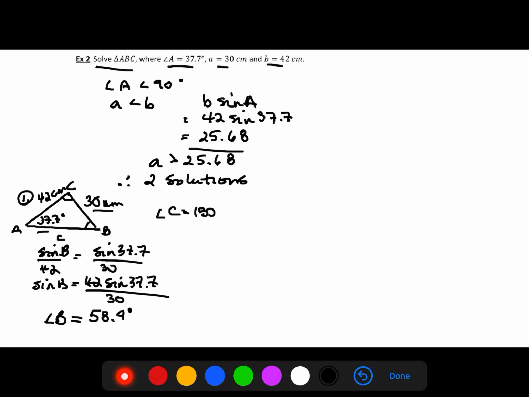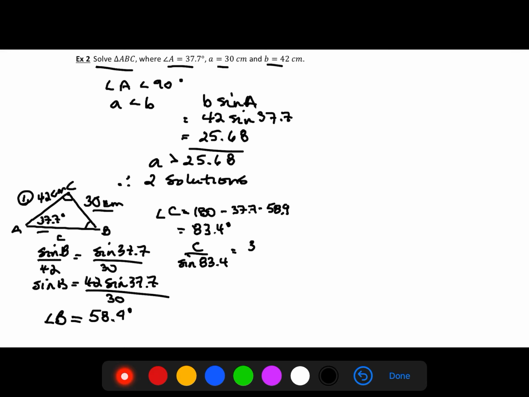Again, remember we're going to a tenth of a degree this time. Now we know that angle C is equal to 180 minus 37.7 minus 58.9, which means that angle C is equal to 83.4.